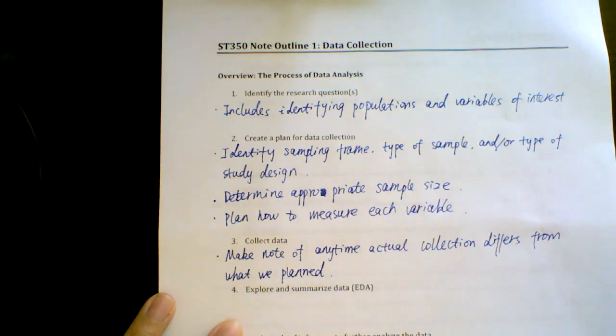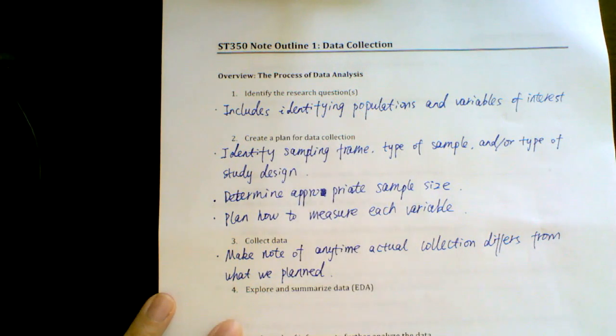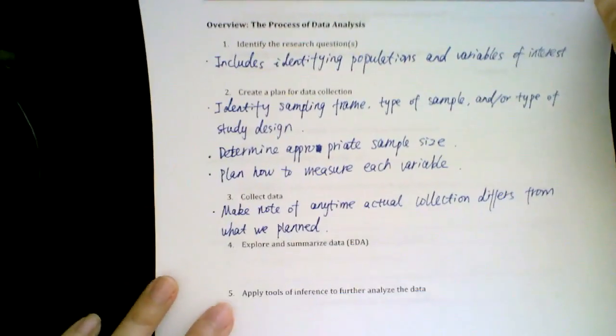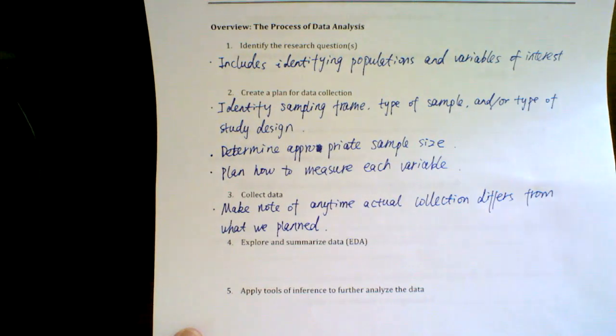So we created a plan for data collection in step 2. So in step 3, we keep a note of the differences between what actually happened and what's planned.